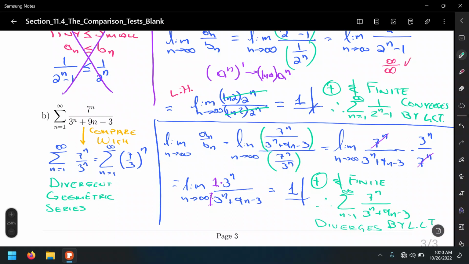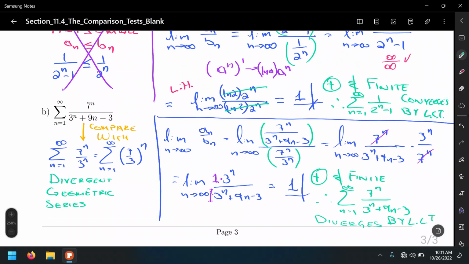So we always have to state which test we are using, even if our work depicts the actual test. We always have to say divergence or convergence and clearly state which test it is. You can abbreviate, that's fine. For shorthand, it's fine, but we always have to state the test.